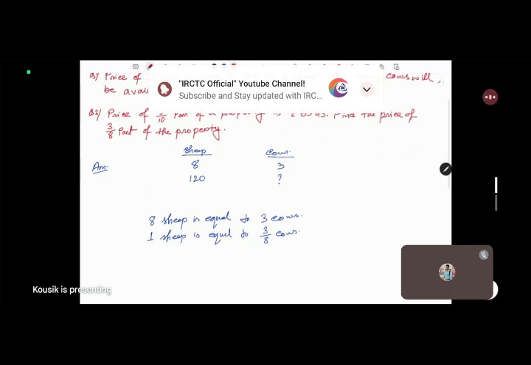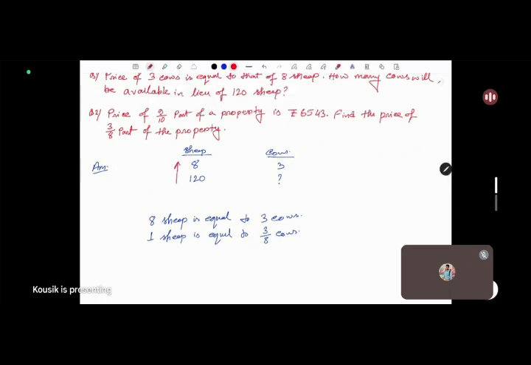Okay, so there is a direct relation. If number of sheep increase, number of cows also increase. So 8 sheep is equal to 3 cows, that is 1 sheep is equal to 3/8 cows, and 120 sheep is equal to 3/8 into 120 cows.